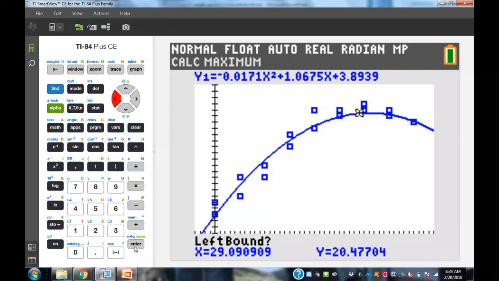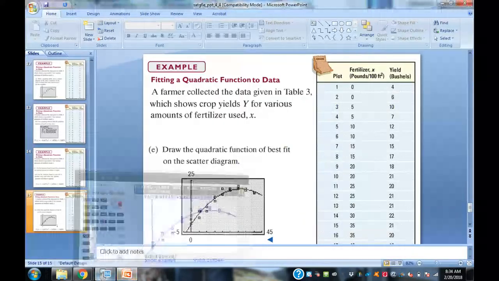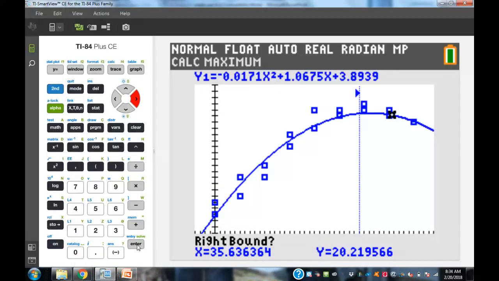Then hit enter. And then the right bound, make sure you're to the right of where the maximum would be. You can see that in your graph. That is definitely to the right. Hit enter, and then it asks you to guess. Actually move your cursor to where you think the maximum is. I think it's close to right there.